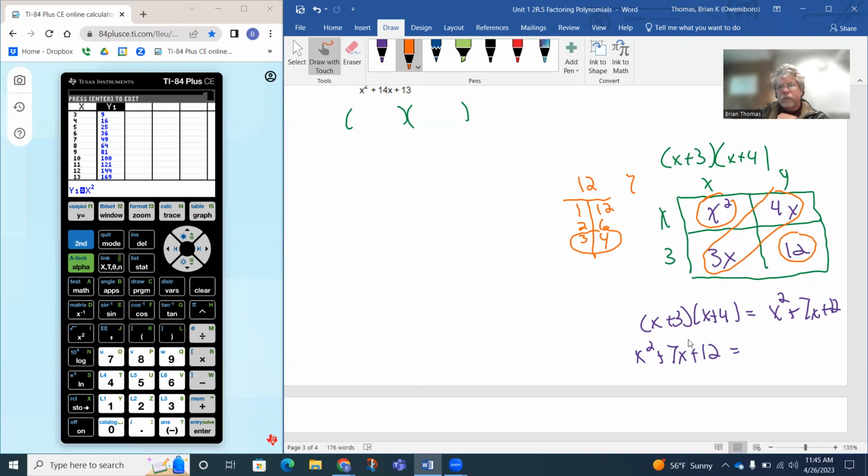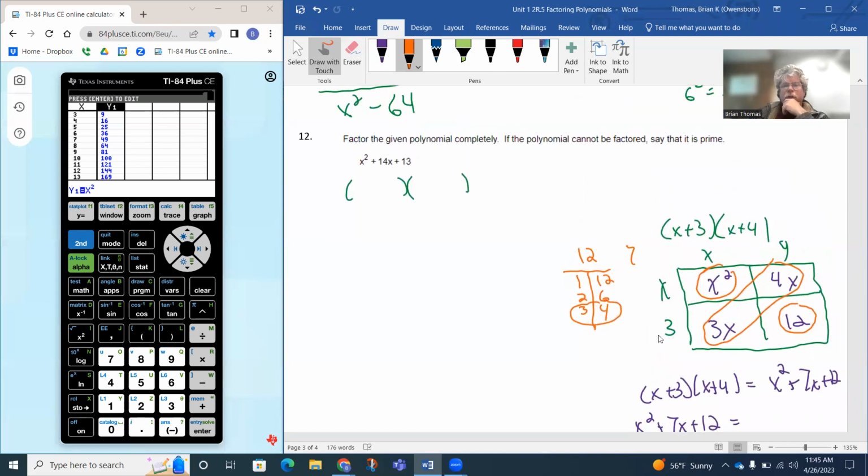So we're looking for the factors of 12 that add up to give you the middle term, which is 7. So if I was going to do this problem here, notice that the x squared is going to come from the first two terms. So this is going to be your x and your x. Now the catch is what I need to go in these last two positions are the factors of 13.